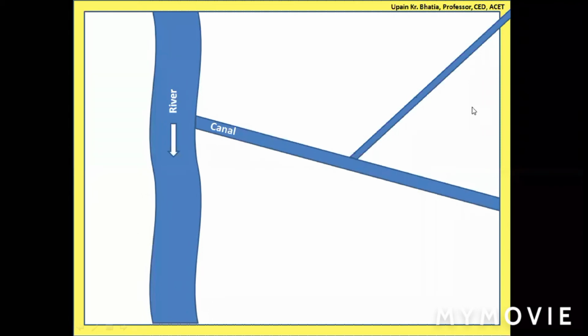So canal to canal diversions are all of similar nature, and the very first one is from river to canal. Thereafter all the diversions will be from one canal to the other canal. The structure that we provide to assist this diversion of water from river to canal is called the diversion headworks.